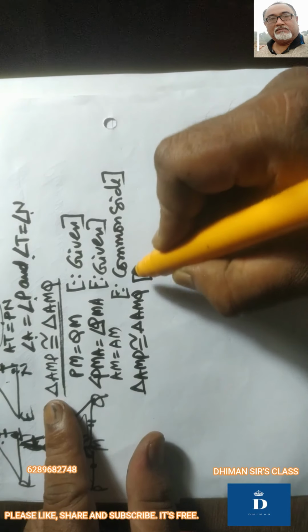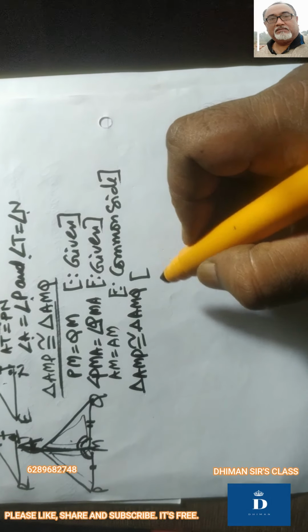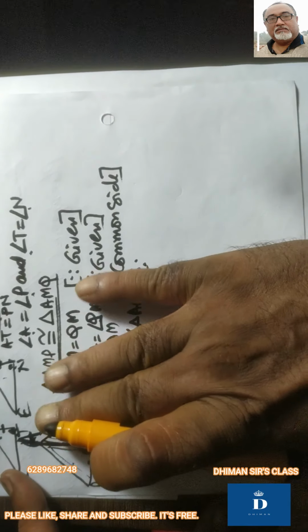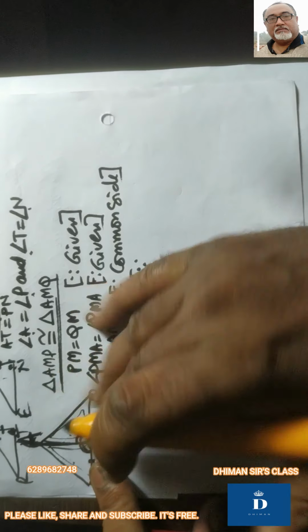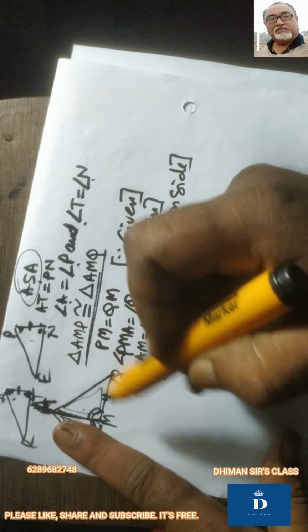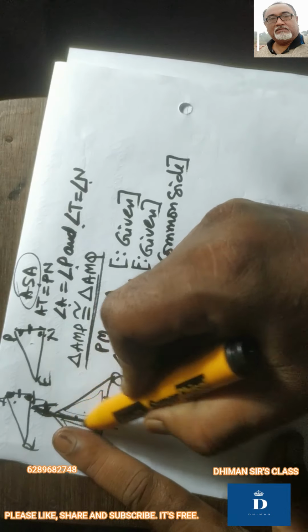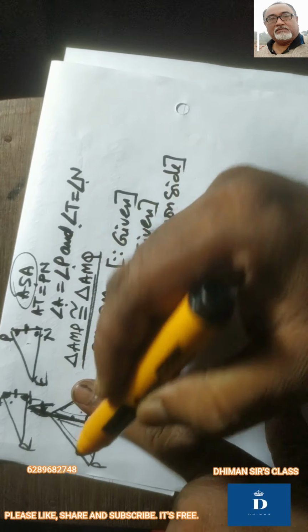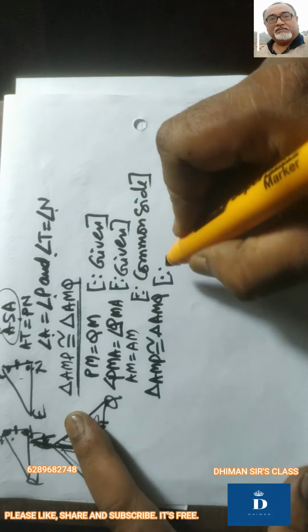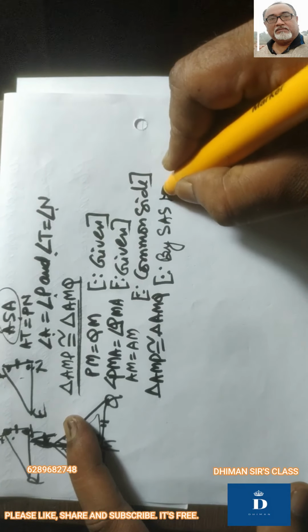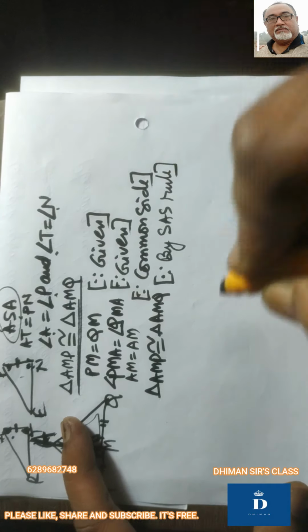But here they are asking what is the reason, means by what rule. So in that case, see, hide one triangle. If we hide this triangle, then we get side, angle, and this side. This was the common side. Here also you see side, angle, side. So by side, angle, side criteria.